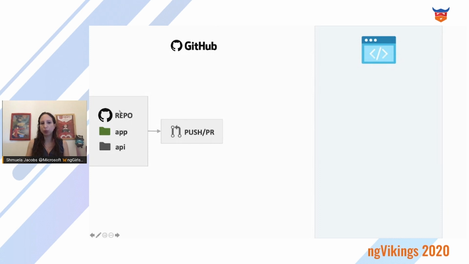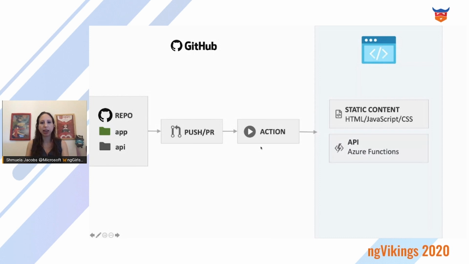And whenever you push, or pull from a pull request, to a specific branch that you decided on, and usually it's master, but it doesn't have to be, it triggers a GitHub action that builds the application, creates the static content, and uploads it to Azure, and also creates the functions that you have in the API.